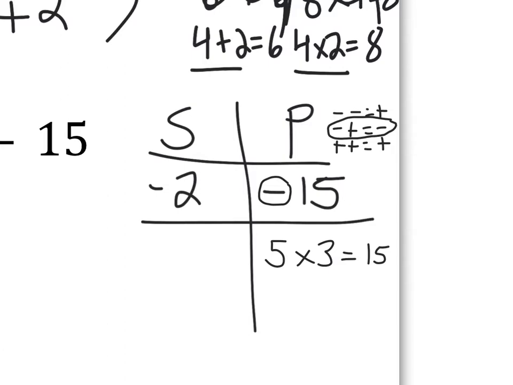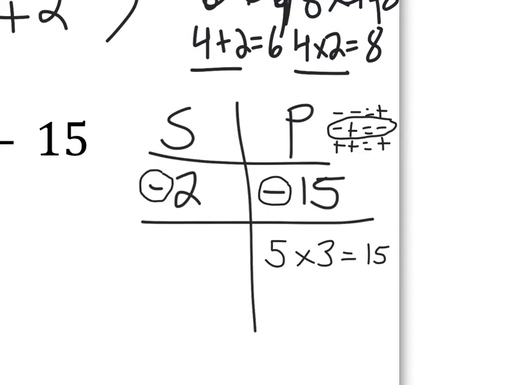But how do we determine which one will be the negative and which one will be the positive? Well, obviously, if we're making a negative number on our sum side, our bigger number has to be a negative. And a lot of us can do that. Great. Keep doing that. But the easiest method or rule that I can teach you right now is that whatever the sign of the sum is, so see that sign right there of the sum?